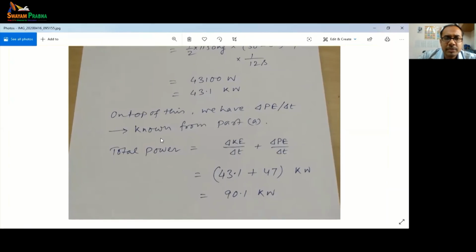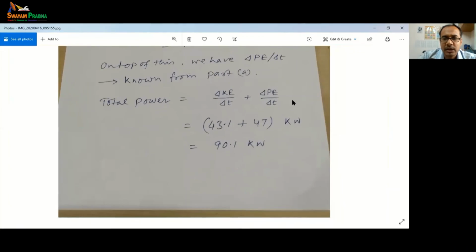So on top of this, we have the potential energy change as well. So the total power that we will get is the kinetic energy change by delta t and the potential energy change by delta t. The second part we are having from case 1, which is 47 kilowatt. So now we are simply adding them up and we are getting 90.1 kilowatt.